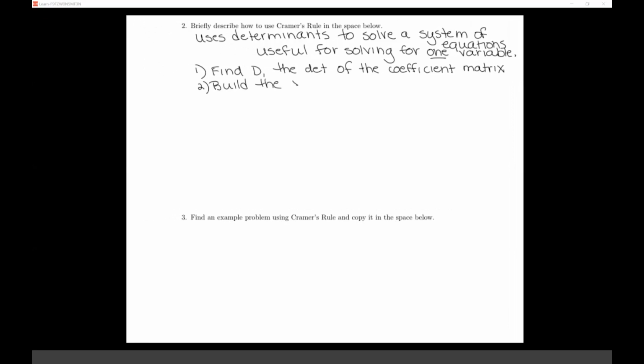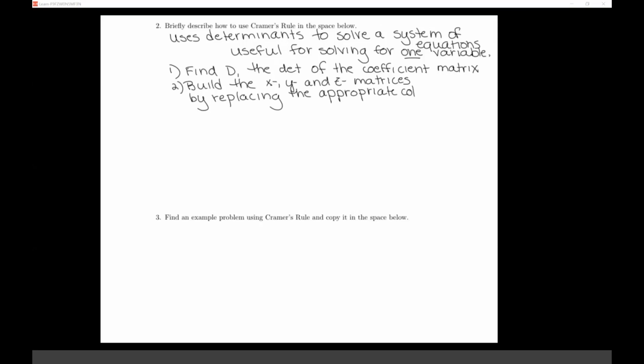Let's say we have a system of 3 equations and 3 unknowns, X, Y, and Z. Build the matrices by replacing the appropriate column in the coefficient matrix with the right-hand side values.